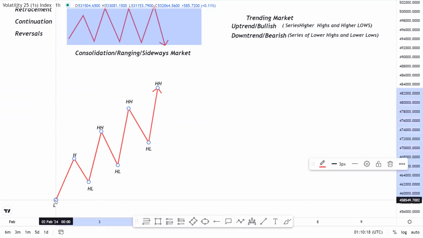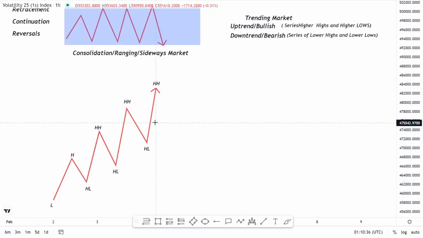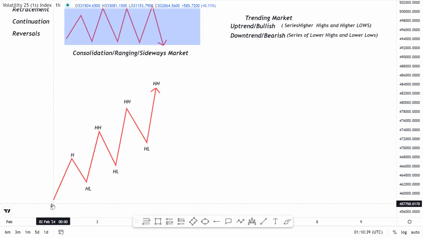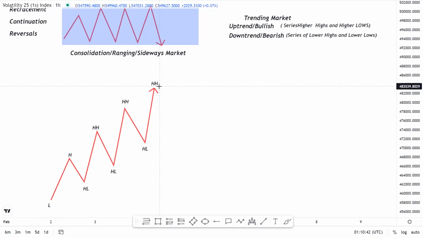Now, when it comes to retracement, a retracement is a short-term, usually temporary price movement against the overall trend. So clearly, we're having an uptrend. The market is headed to the upside, but price doesn't just move all the way to the upside.